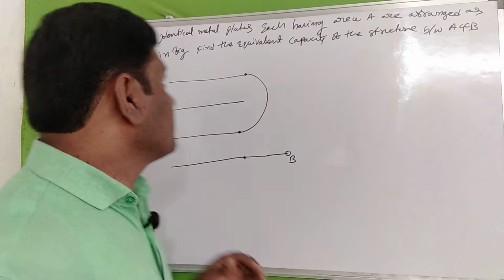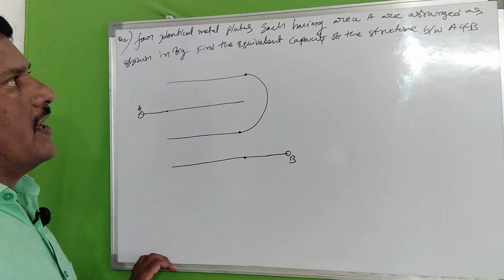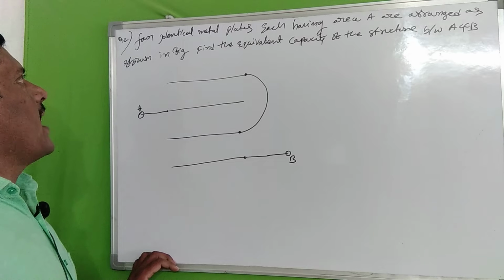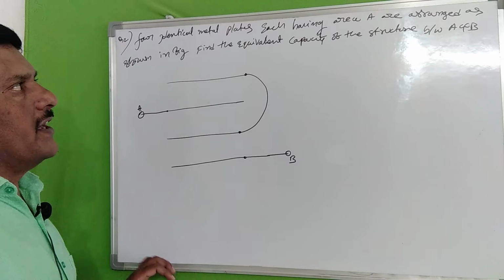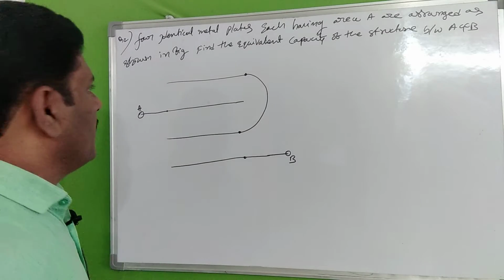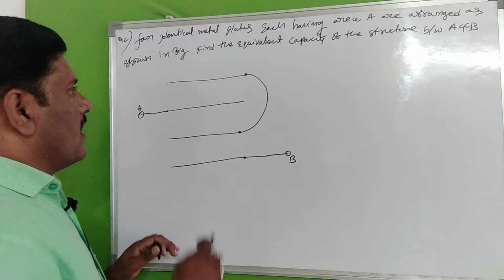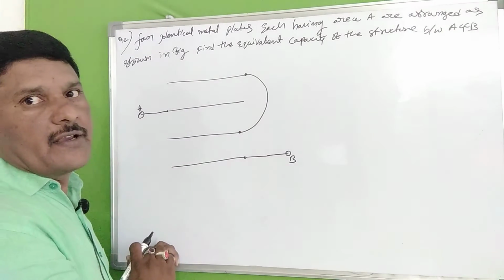Our second question: four identical metal plates, each having area A, are arranged as shown in the figure. Find the equivalent capacitance of the structure between A and B. We clearly observe that four plates are given.